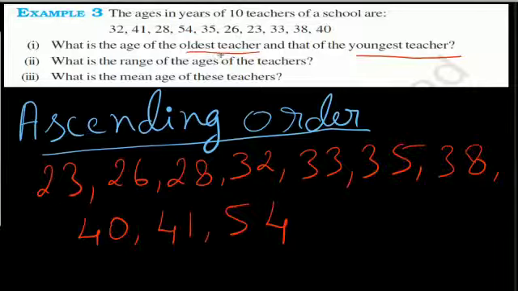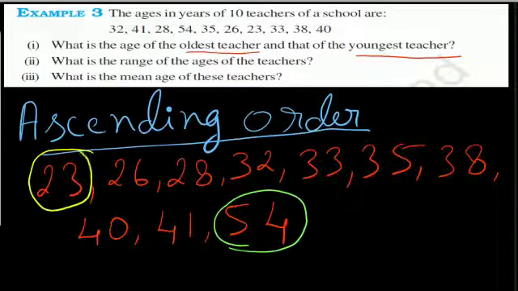So the oldest teacher is having the age 54. And the youngest teacher is having the age 23. So the oldest teacher is 54 and the youngest teacher is 23.